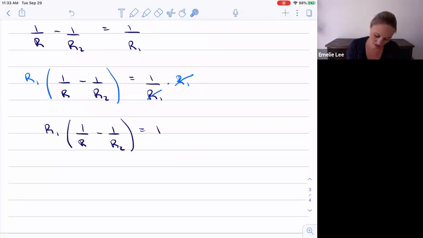On both sides, I am going to divide both sides by this whole chunk. Just remember that you treat this as one thing, so everything inside the brackets is going to move over.